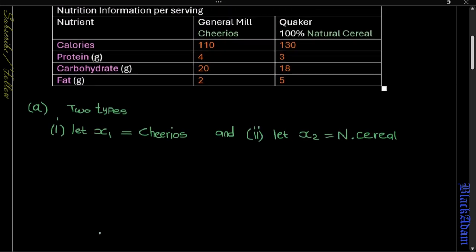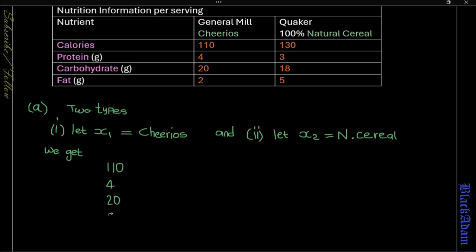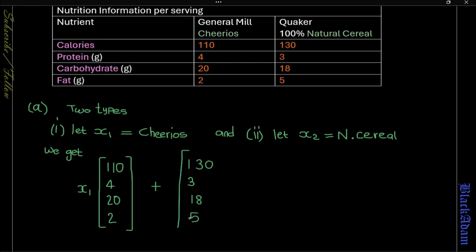Okay, then from there we get 110, and then 4, and then 20 and 2. So that represents x1, which is Cheerios. And then we have 130, and then we have 3, 18, 5, and that represents natural cereal, which is x2.